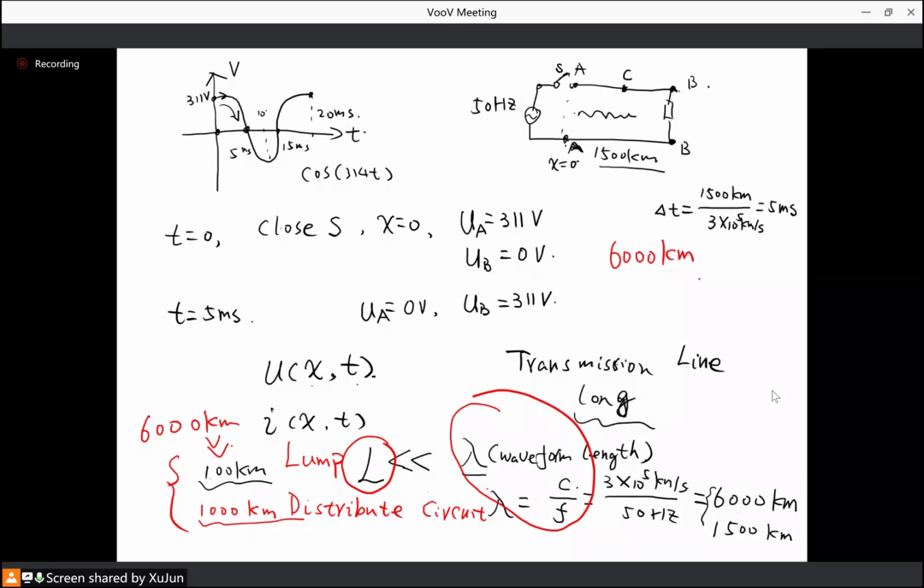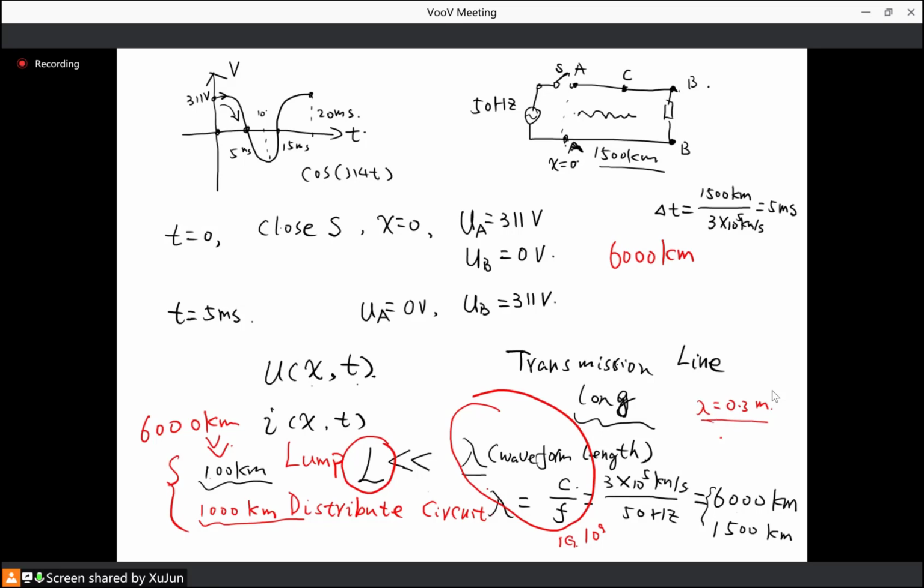But for the communication system, because the frequency is very high, maybe 1 gigahertz, 1 G means 10^9, so the lambda will be 0.3 meters. So for the communication system, the wavelength is much less.